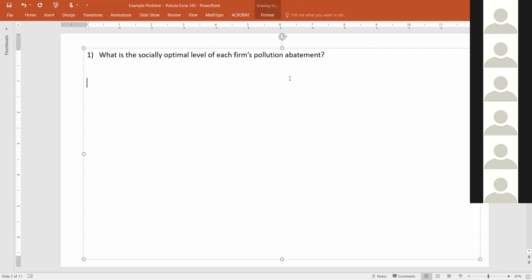But how do we set this problem up? Anyone have a sense? Would we set the marginal cost of firm A and firm B equal to each other? That's a great first step. So MCA equals MCB.